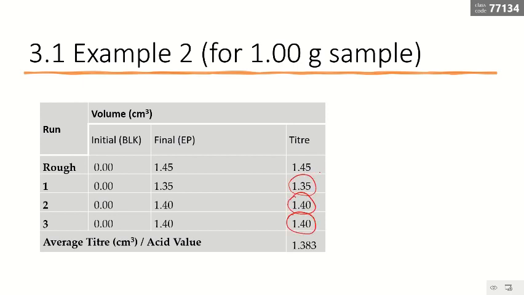I will just ignore this rough one because it's just a rough test. Then I can average up my 3 runs. I have my average of the volume used or consumed.